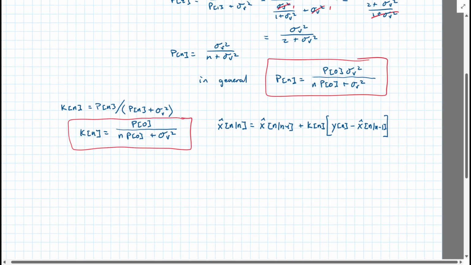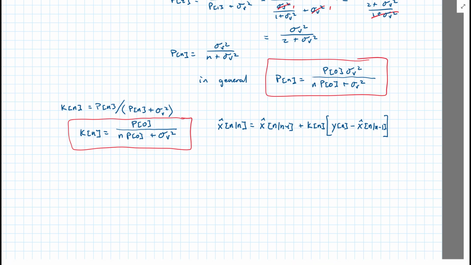Finally, we can do our state update, our estimate update.